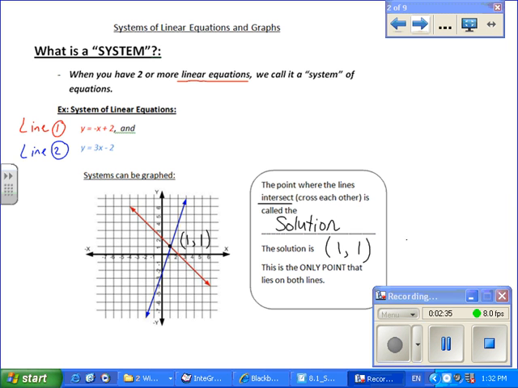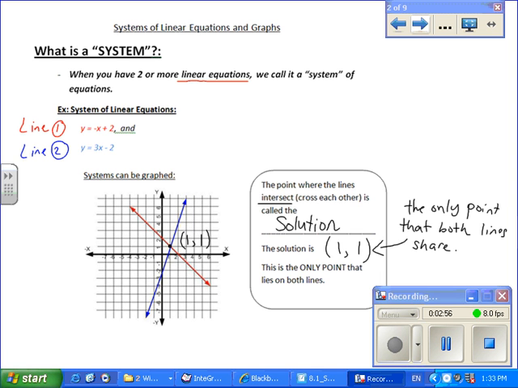Okay, let's write that down. So this is the only point that both lines, or in other words, both linear equations, share.